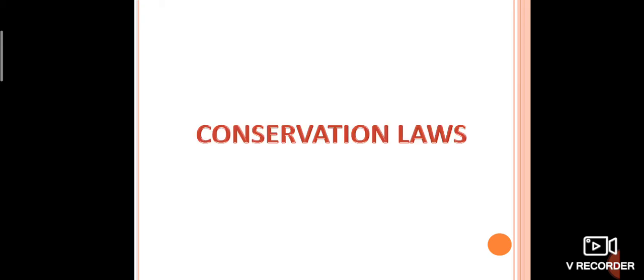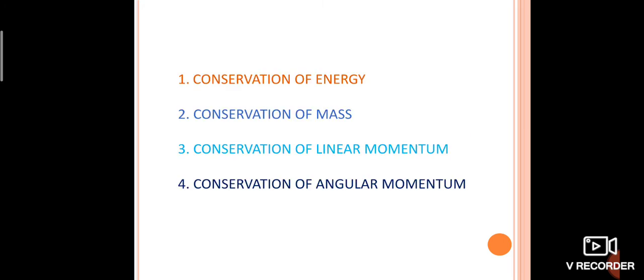Now let us move to the conservation laws. Before learning the conservation laws, we must know what is a conserved quantity. A conserved quantity is one whose value remains constant during the process.